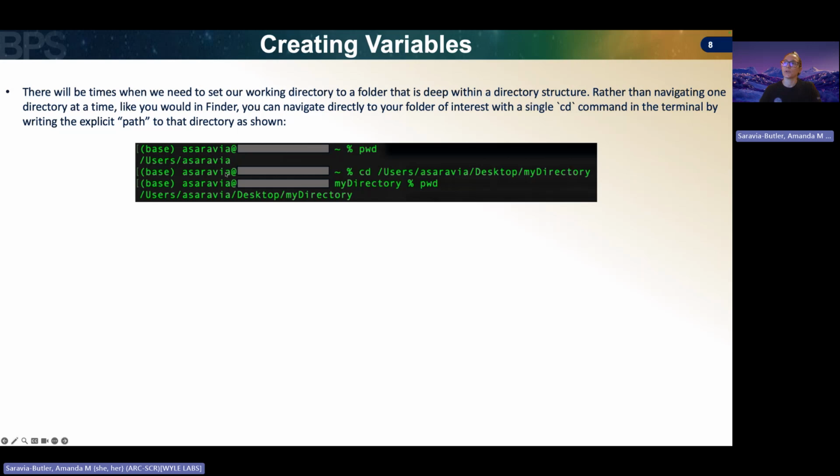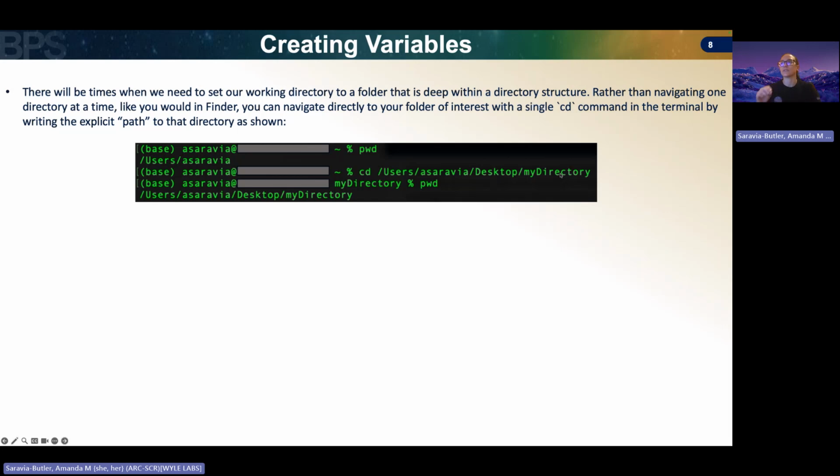For this example, I started back at that A Saravia directory, which I could see because I ran pwd, which stands for print working directory, and I'm in the A Saravia directory. From there, I want to jump two directories to get to that new directory that I created called My Directory.